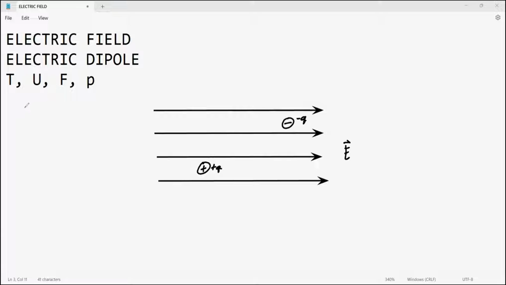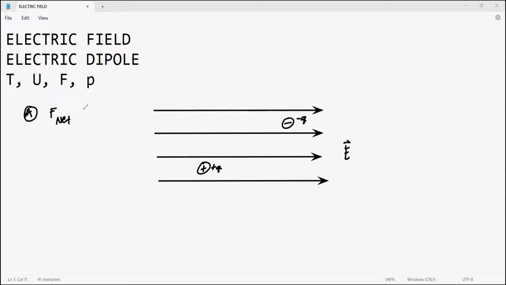What is being asked here is to find the net force exerted by the field on the dipole. What is the net force exerted by the uniform electric field on the dipole?